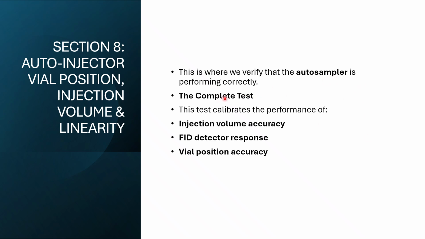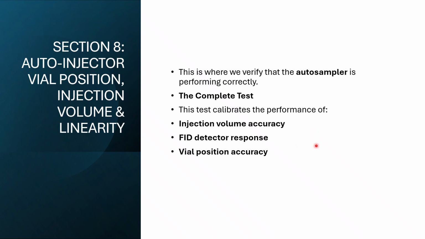The complete test involves injection volume accuracy, FID detector response and vial position accuracy. In injection volume accuracy, we set the injection volume at different levels, 1 ml, 2 ml, 5 ml, 10 ml, and we should get a linear response of that particular concentration. It will pass if the correlation coefficient is more than 0.99.